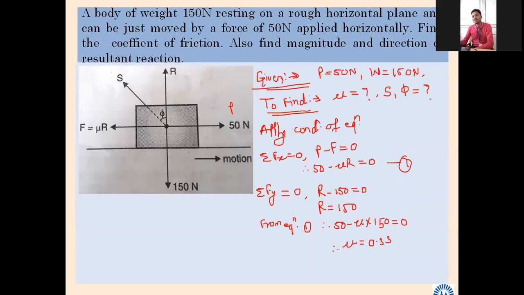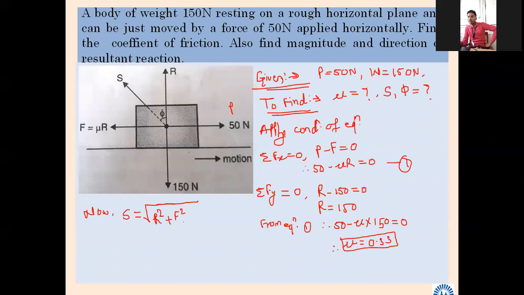Magnitude of the resultant reaction. Now here I will write S is equal to, what is the formula? Under root R square plus F square. Are we knowing R?